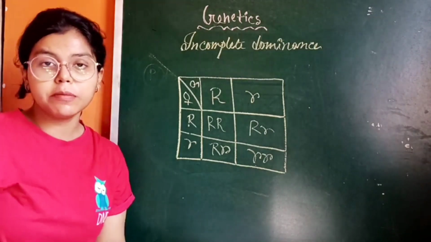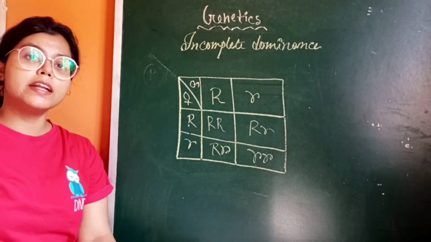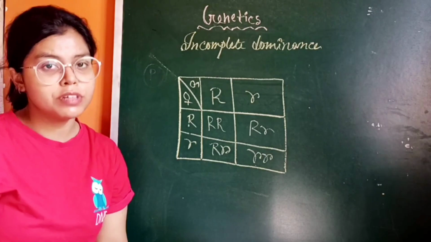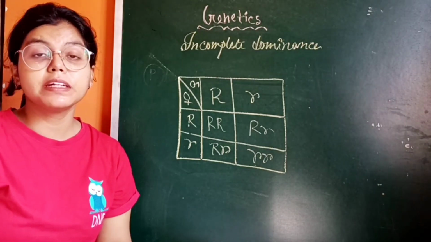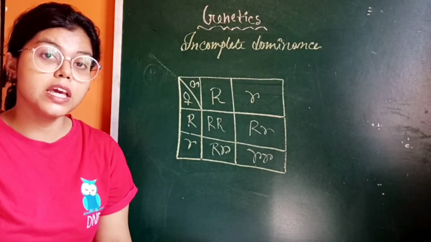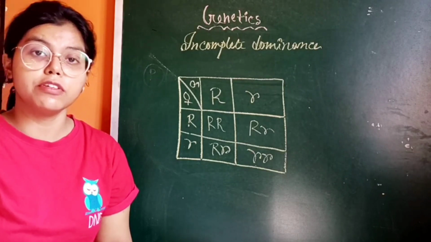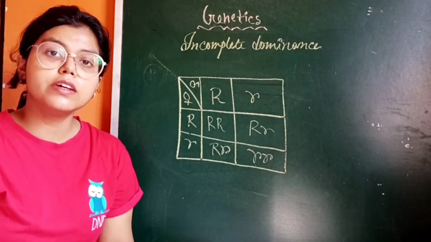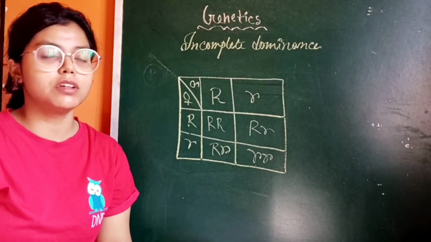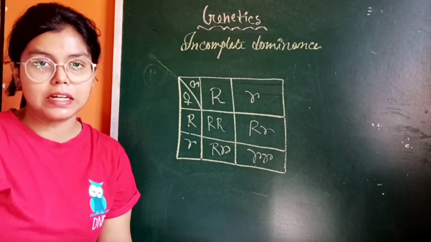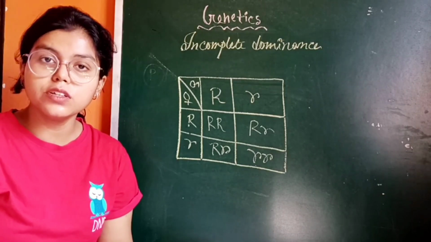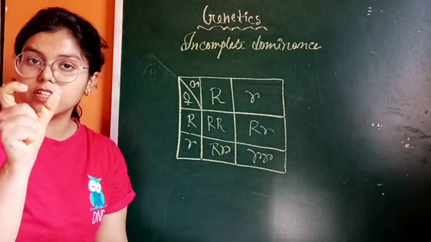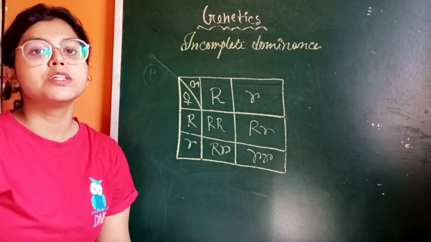Whereas in the monohybrid cross by Mendel, you have already read, he got 3:1 in the phenotypic ratio, right? So the tall plants are 75% and the dwarf plants are 25%.